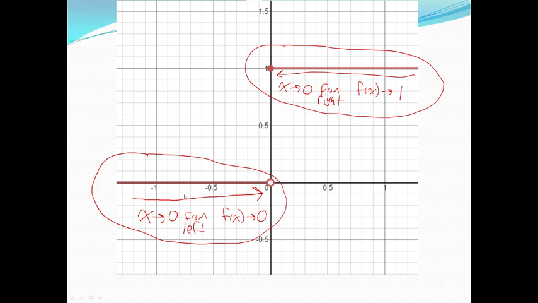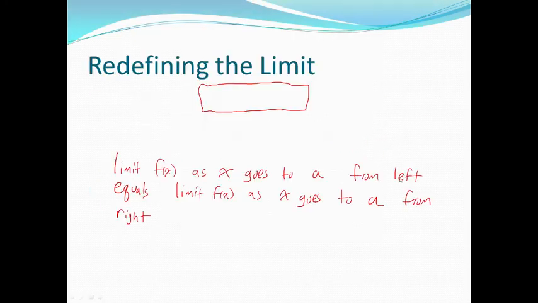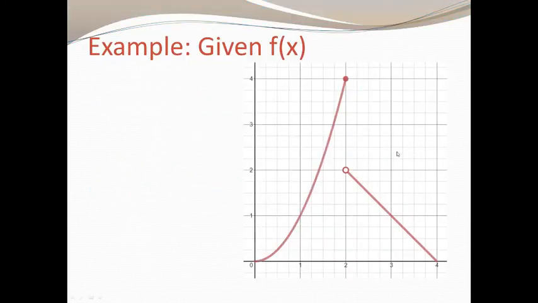But a left side limit does exist, and a right side limit does exist. So keep that in mind. Left and right side limits can exist, but if we consider both of them, that's when we determine whether there actually is a limit or not. So that's how we redefine the limit.